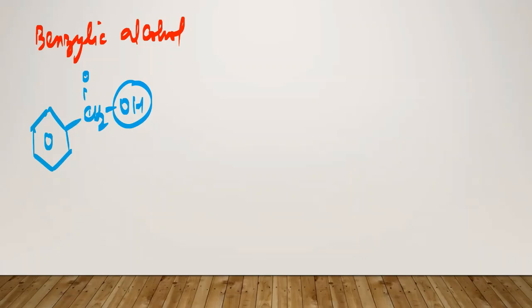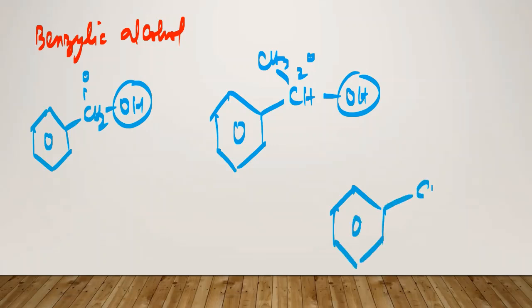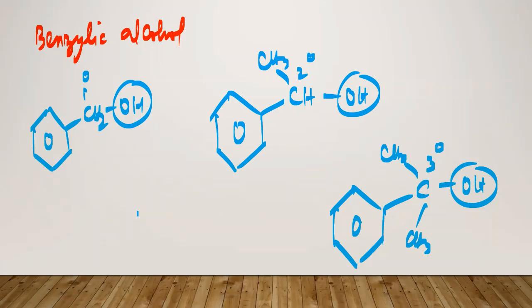Now in the next example you have C, CH3, H and OH. Here the OH group is attached to a 2 degree carbon. And finally we have CH3, CH3 and OH. Here the OH group is attached to a 3 degree carbon, my dear friends.